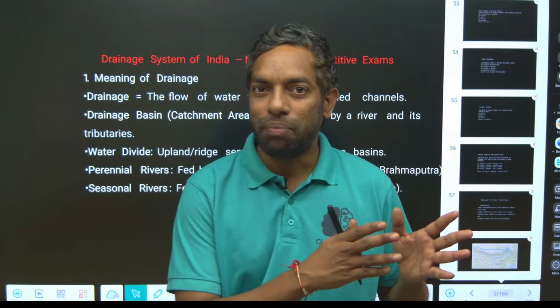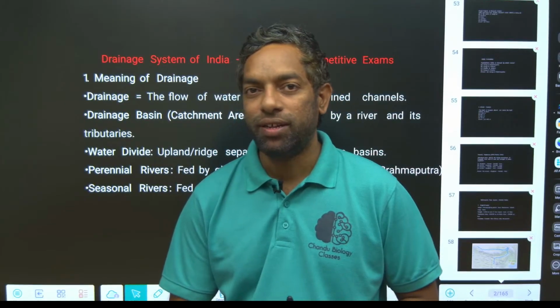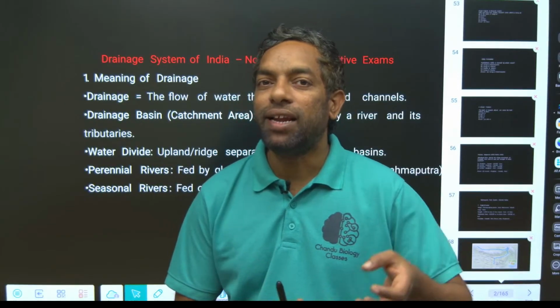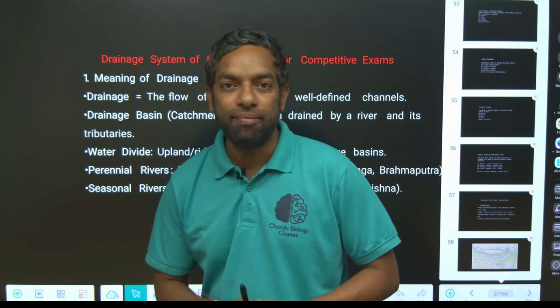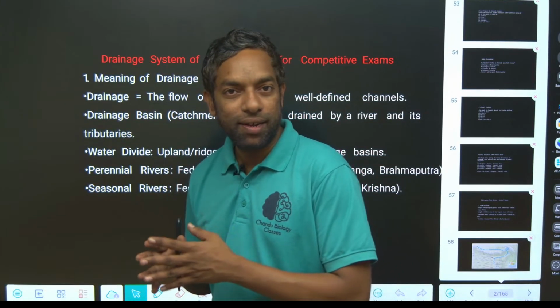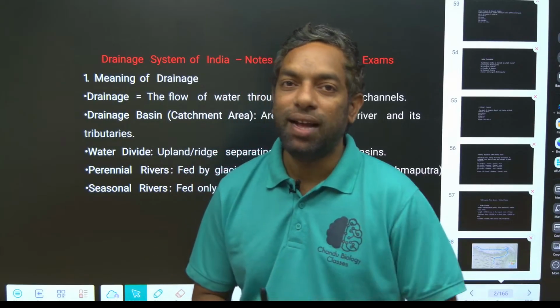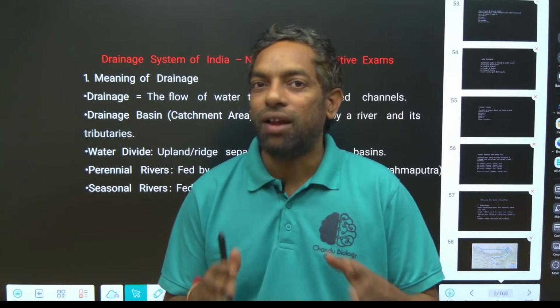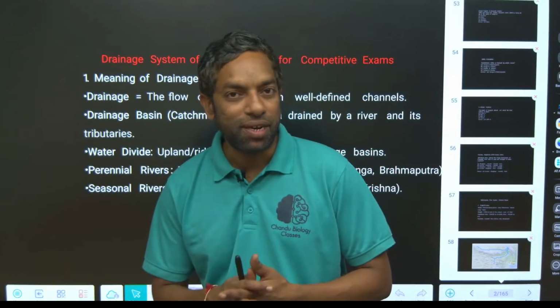If we come to the peninsular river system, it is completely rain fed. There are hilly areas that attract rain, where the channels enter and finally reach the sea, either the Bay of Bengal on the eastern side or the Arabian Sea on the west side. This is the peninsular river system.